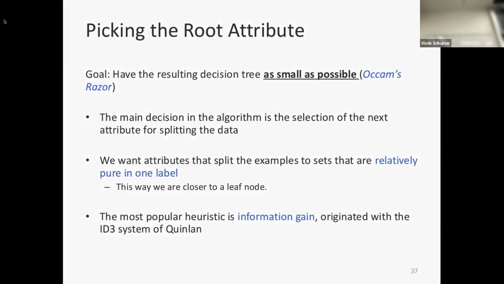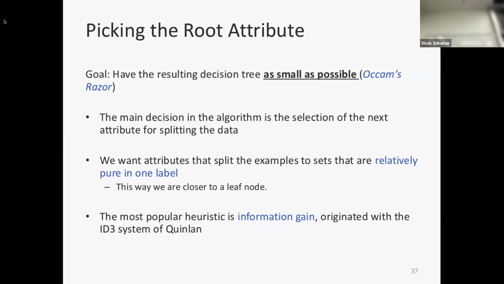We seek to build decision trees that are as small as possible given a data set. Why? Because smaller trees are less likely to memorize the noise in the data. If you allow a tree to grow arbitrarily large, it will end up memorizing not just the signal, but also the noise. So smaller trees are less likely to memorize the noise. As a result, they're more likely to generalize better.